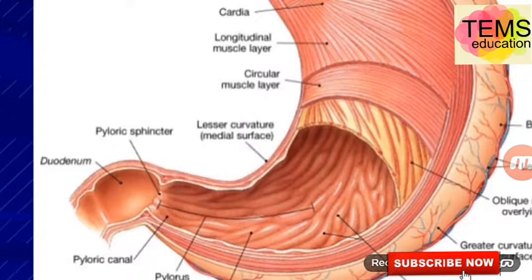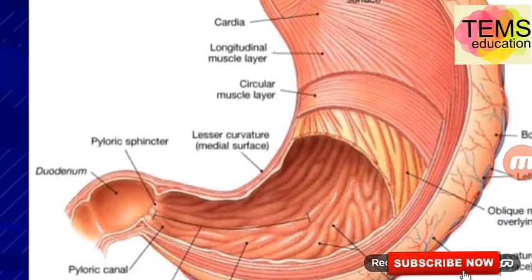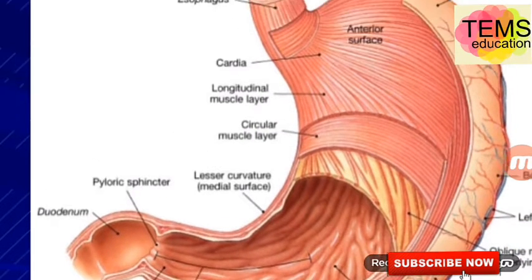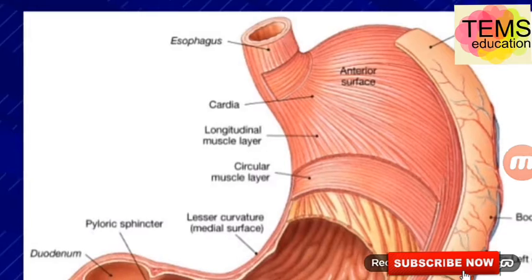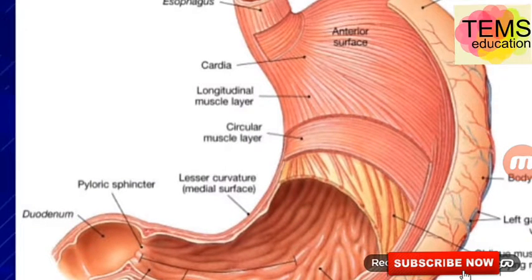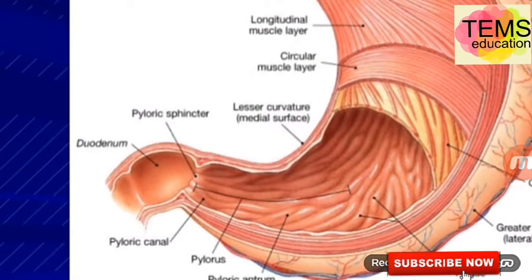From the stomach it goes to the duodenum. After food enters your stomach, the stomach muscles mix the food and liquid with digestive juice. The stomach slowly empties its contents, called chyme, into your small intestine.